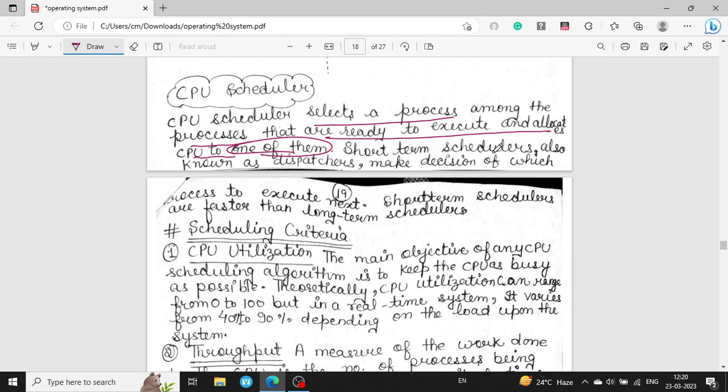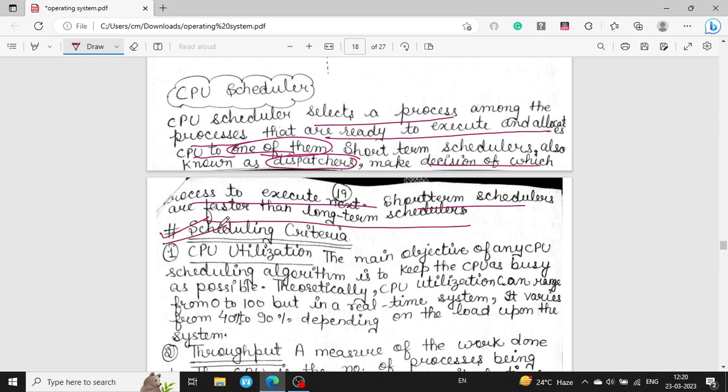It is also known as the dispatcher, because the dispatcher assigns the CPU to a process for execution and makes the decisions of which process to execute next. And short-term schedulers are faster than long-term schedulers.